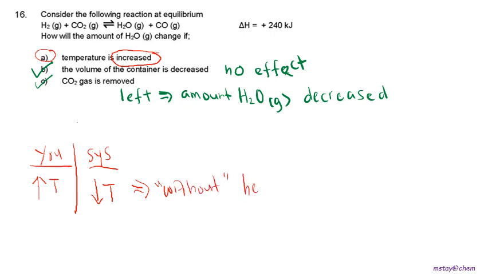So to know which side has no heat, we have to refer to the chemical equation. The chemical equation does not show the heat here, so we have to deduce it ourselves using the enthalpy change value. A positive value means an endothermic process, so the heat is absorbed from the surroundings.